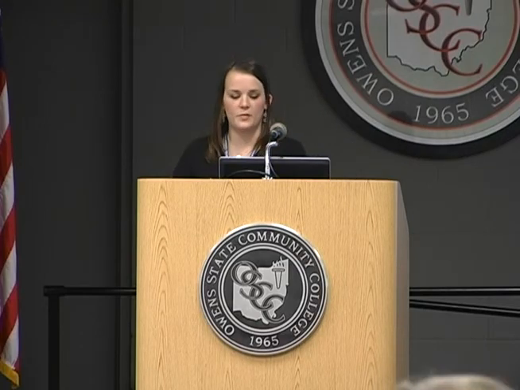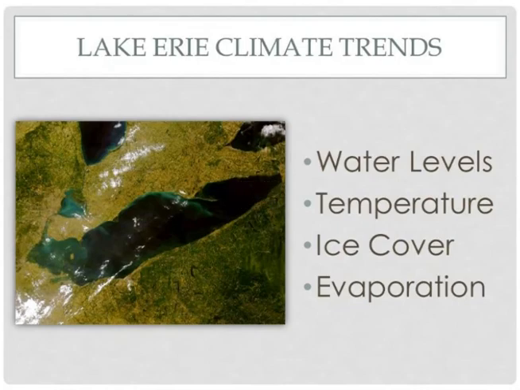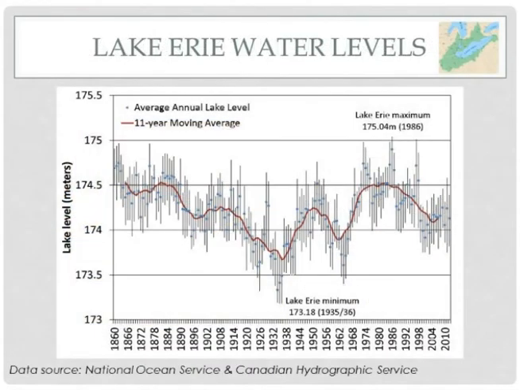Okay, so moving on finally to Lake Erie climate trends. We're going to look just briefly at water levels, temperature, ice cover, and evaporation. Lake Erie water levels have been quite variable since records began in 1860, and this is true across all of the Great Lakes as well.